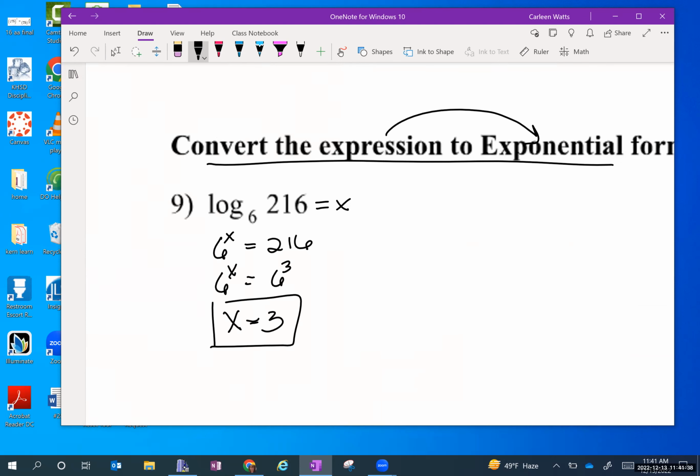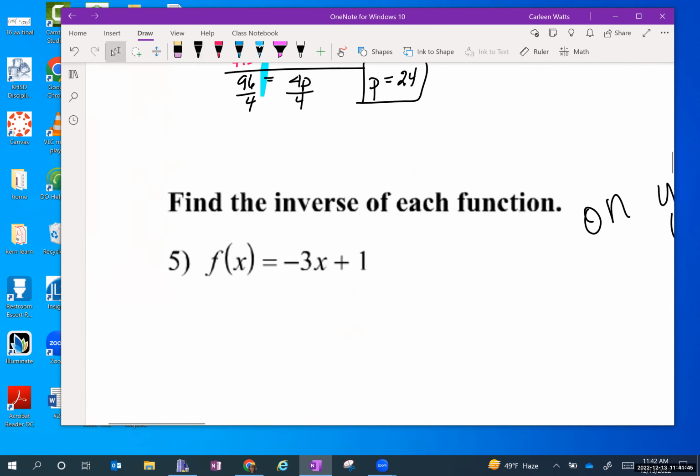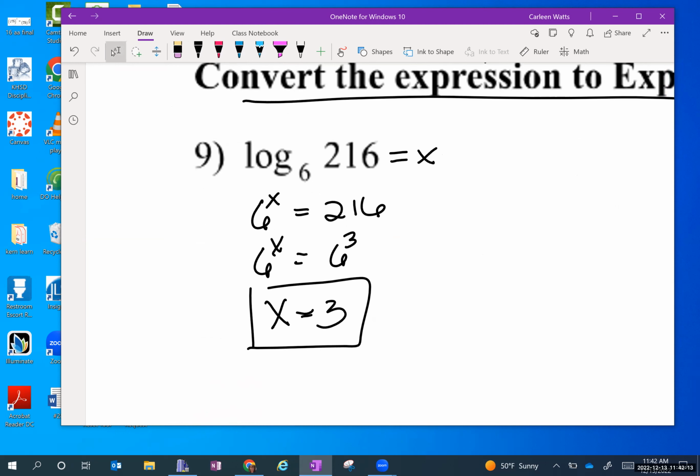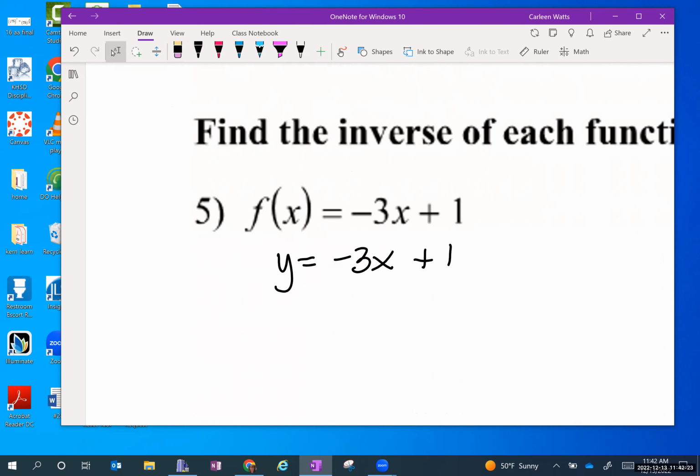Okay, number 5. Find the inverse. Step 1, change it from function notation to y equals notation. What's the next step?